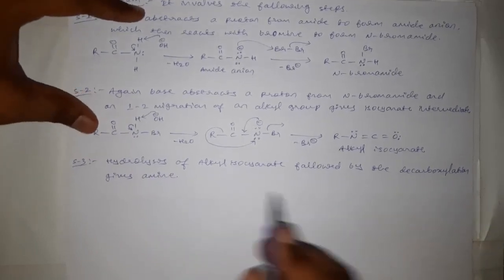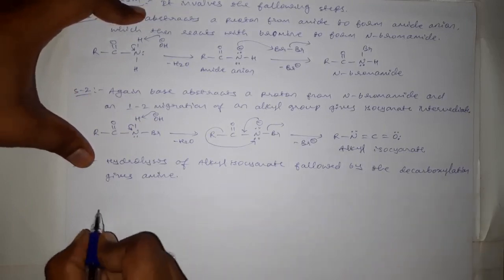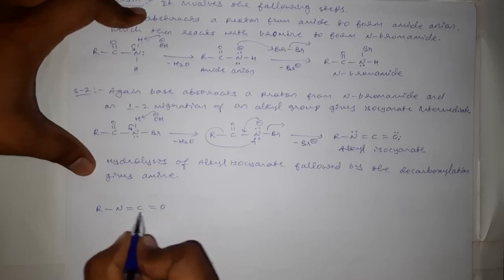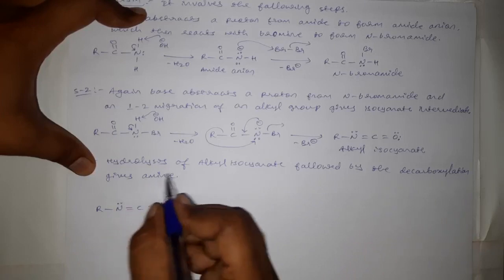See, the third step involves what? Hydrolysis of alkyl isocyanate. This alkyl isocyanate R N double bond C double bond O will now undergo hydrolysis.